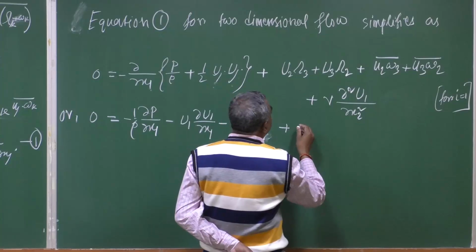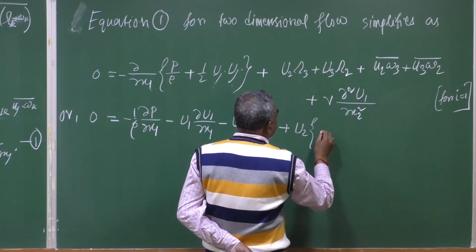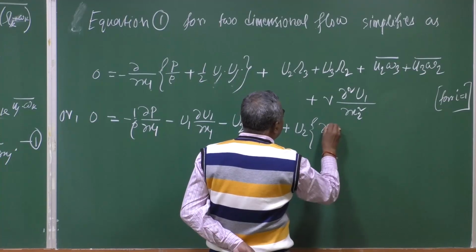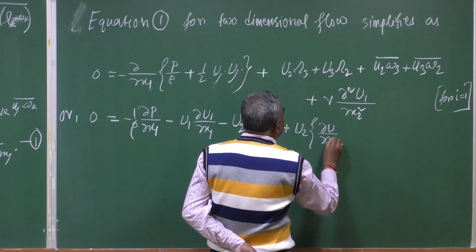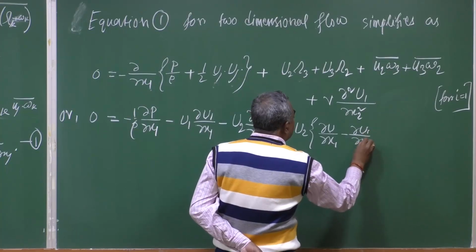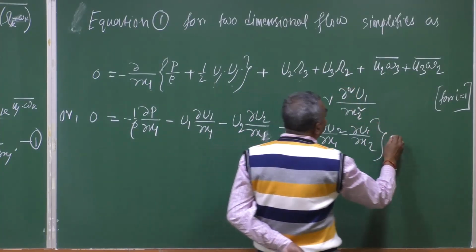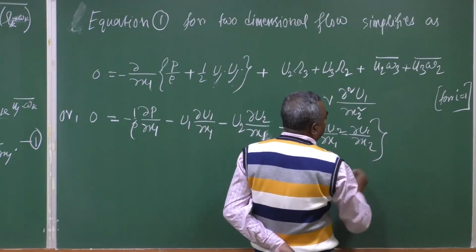So, this term you see, what is this term? This term can be written as omega 3. Omega 3 is nothing but your del x 1, x 2, okay, and omega 2 is 0 or u 3 was also not there.